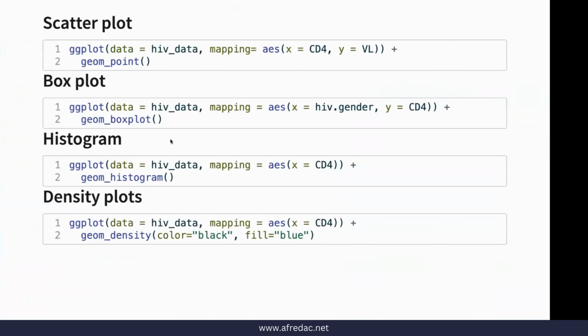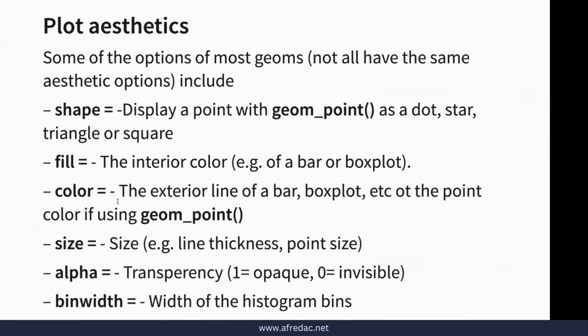We've actually seen how some of these scatter, box, histogram plots can be made. There are also density plots, etc. Now for us to be able to add user options or the kind of aesthetics that we want, we need to know which particular element we need to change.